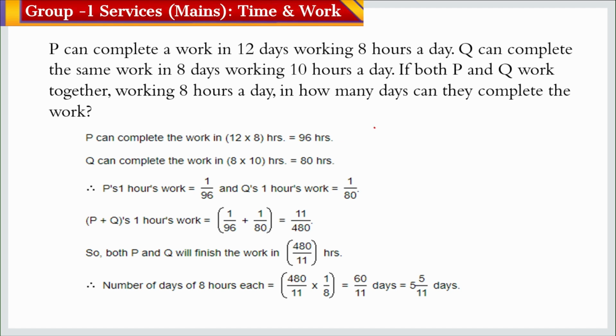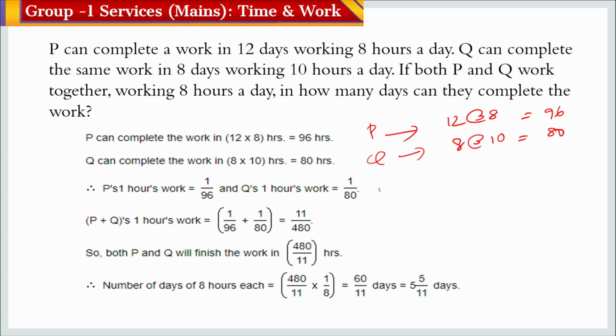So, P can complete the work in 12 days at the rate of 8, means how many hours he worked? 96 hours he worked. Q can complete the work in 8 days at the rate of 10 hours, 8 tens are 80, correct.